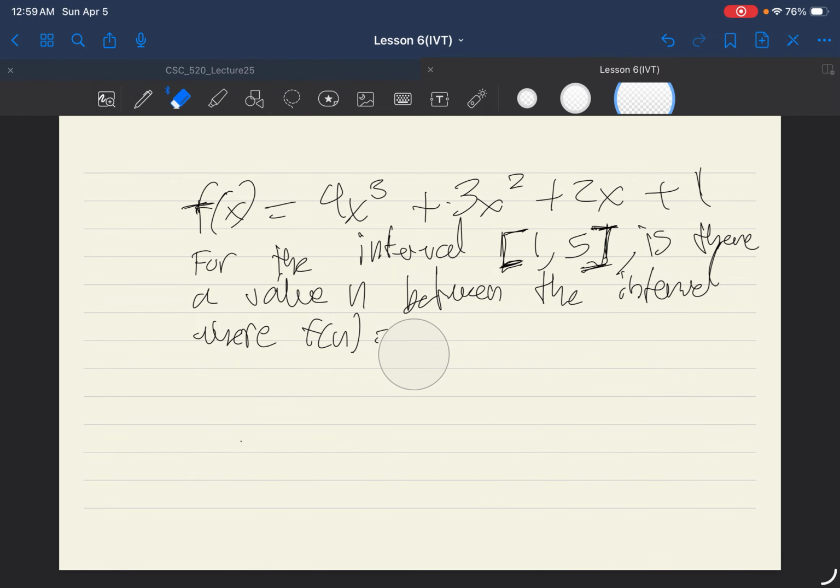So we'll choose 0 for our purposes, where f of n is equal to 0, right?